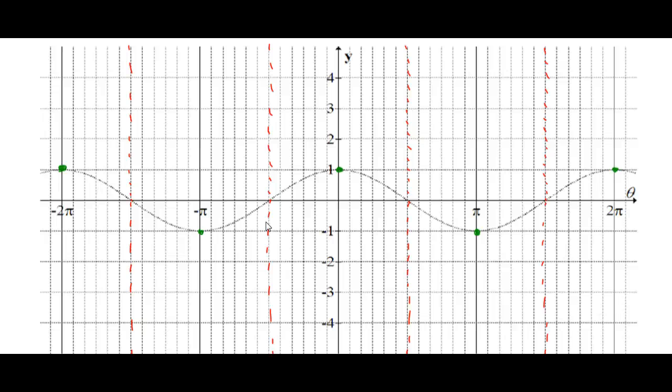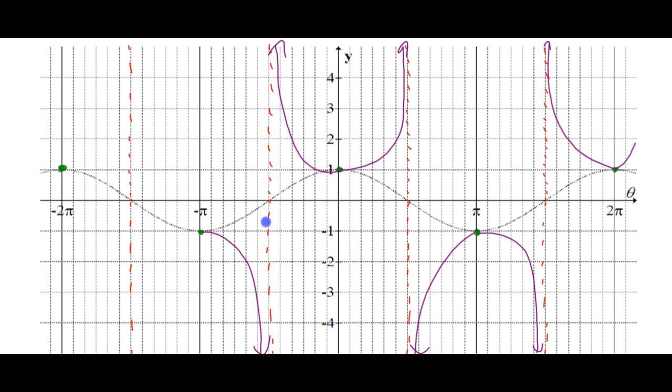Here are the invariant points at 1 and -1. So this guy's going to go here, and here. This guy's going to go up here and start to go up there. This guy's going to go up and up and down and down and up.